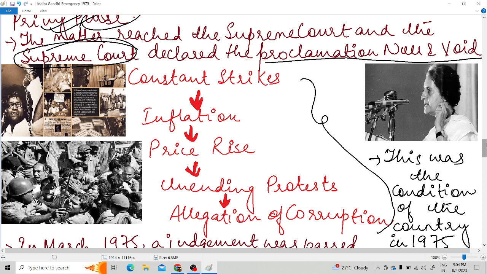Then again, the Indira Gandhi government brought another constitutional amendment which clearly mentions that the privy purse would be abolished for the ruling families, and the judgment of the court was thus reversed in 1971. This incident altogether influenced the decision of declaring an emergency.